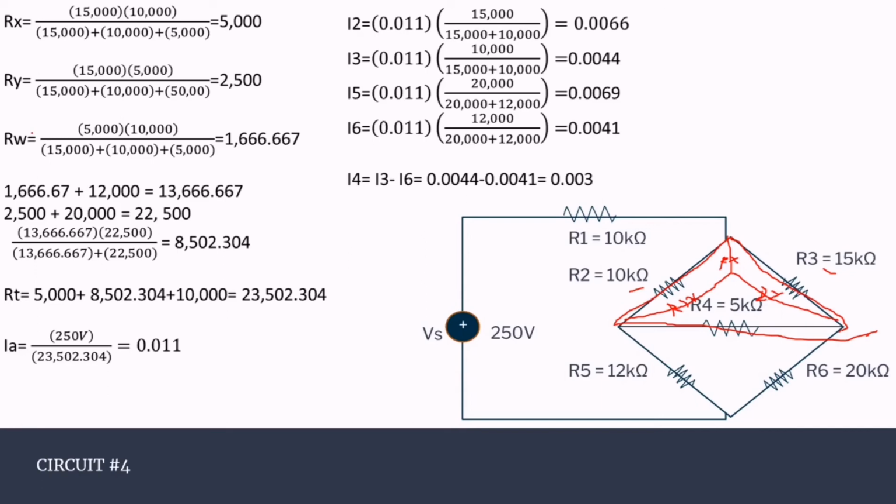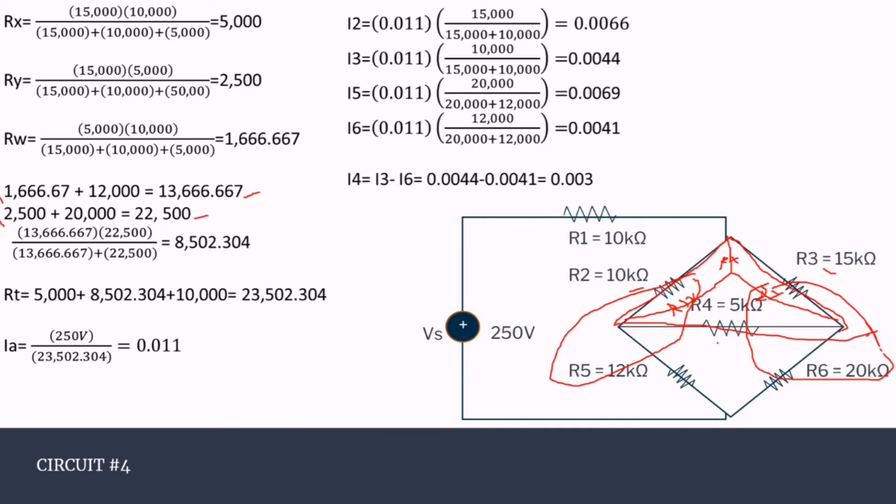For our RW, 5K times 10K over 15K plus 10K plus 5K is equal to 1,666.667. 1,666.67 plus 12K is equal to 13,666.667, and our Ry and R6, 2,500 plus 20,000 is equal to 22,500.